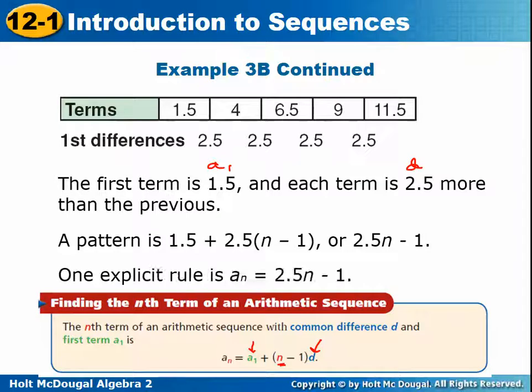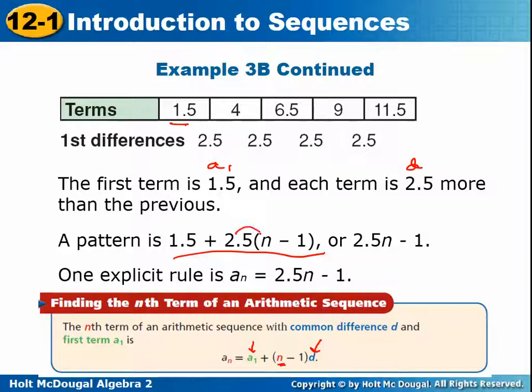Did they write that in a nice form? Yeah, here's our nice rule. A sub n equals 2.5... they flip-flop this around a little bit. Actually, theirs looks a little different than ours, doesn't it? Here's if we use this formula, I forgot to plug it in first. So then we'd have 1.5 is our a sub 1, that's our first term, plus 2.5, that's our common difference. It's just written at the front instead of the back, like in this example, times n minus 1.